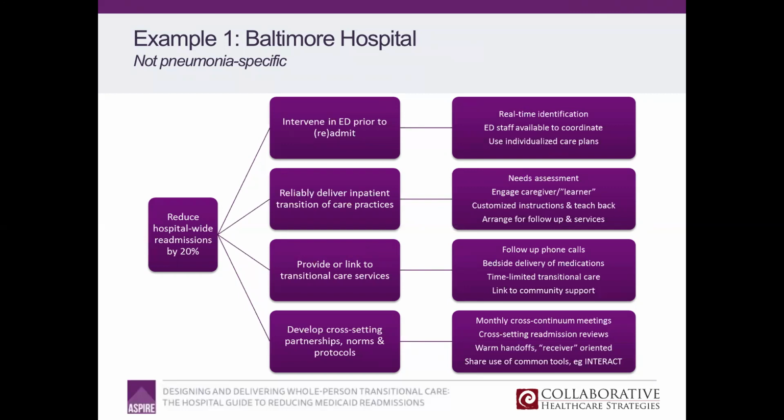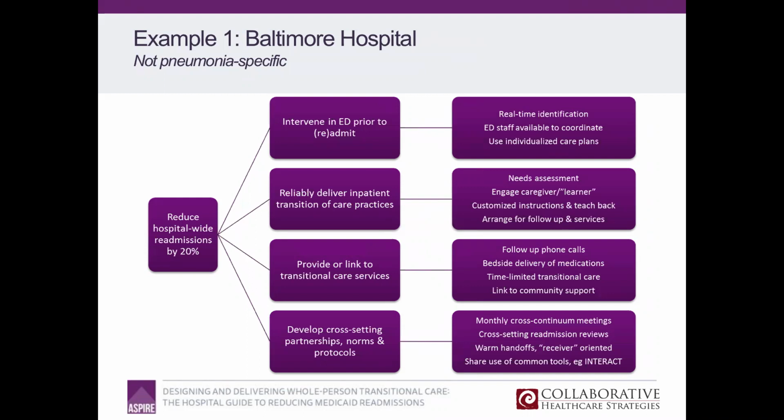And so when working with them and articulating their multifaceted portfolio of strategies, we come to see, of course, they're doing a whole bunch of stuff. But hopefully you can see that among the steps they're taking, they convert into categories. So number one, they have a specific strategy to intervene in the ED prior to the decision to admit or the decision to readmit.